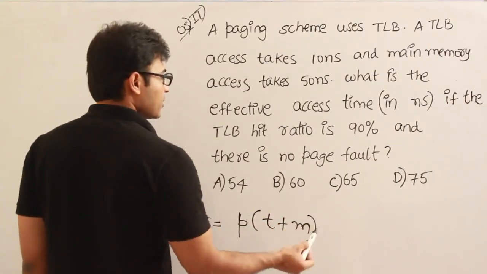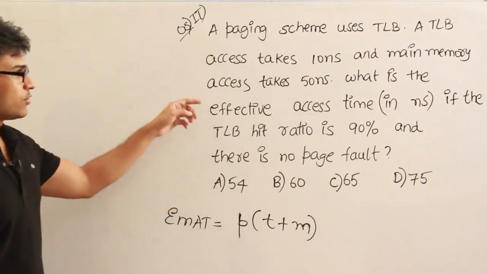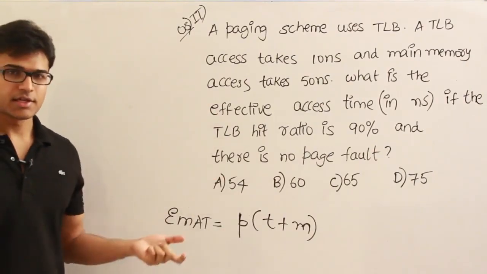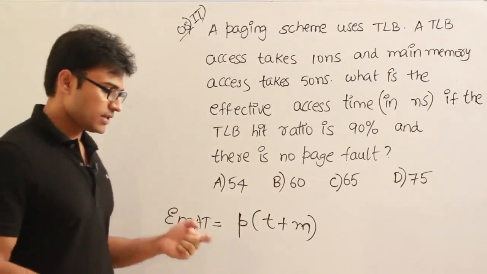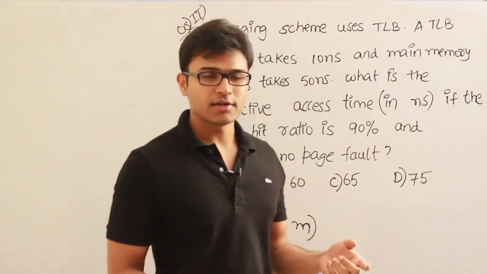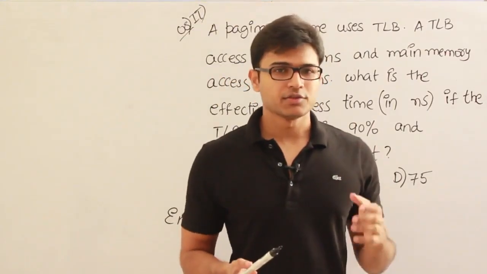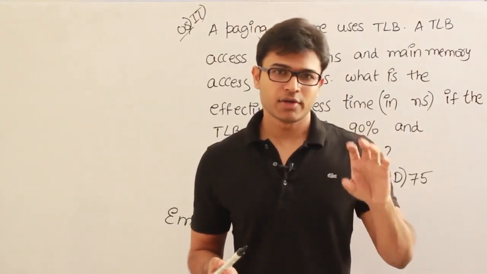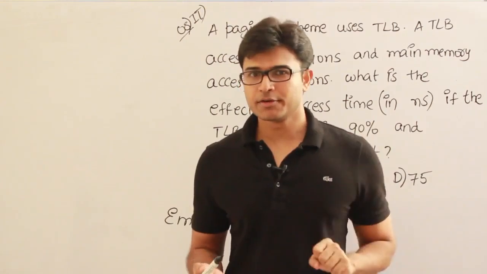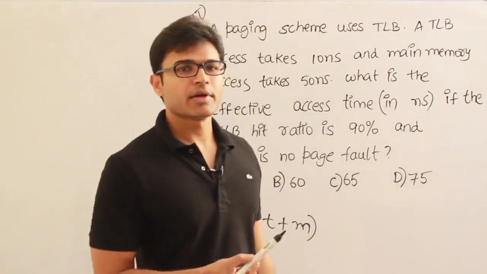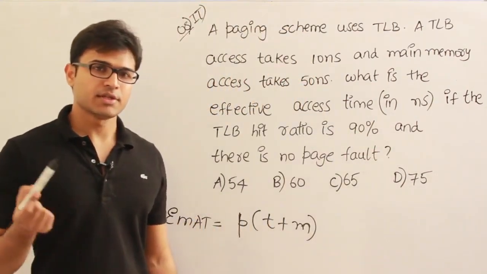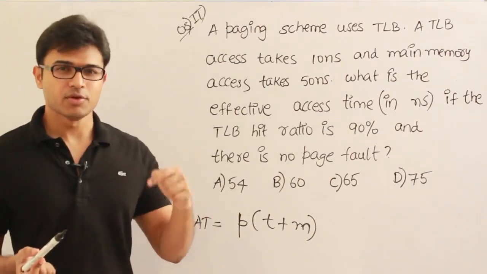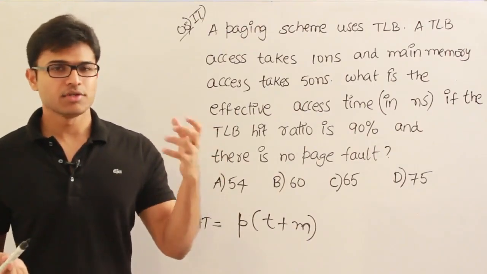Whenever they talk about the effective access time or the memory access time, they are asking how much time it takes to get a word generated by the CPU. It is not how much time it takes to get the page table entry. So whenever they talk about memory access time or effective access time, just remember that they are talking about the CPU. How much time will the CPU take to get the word which it wanted.